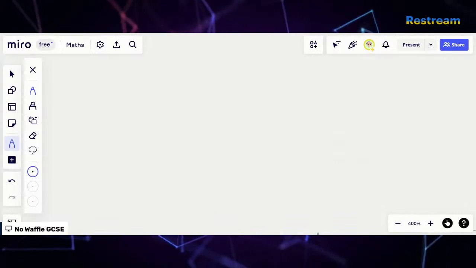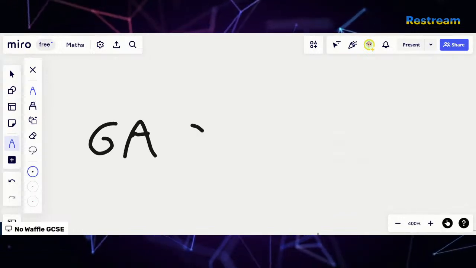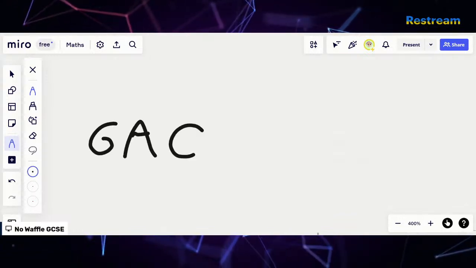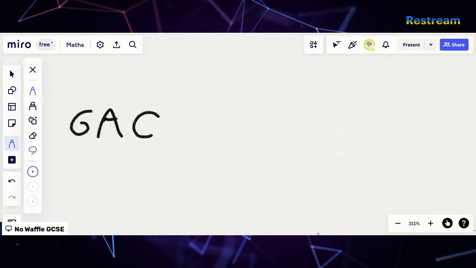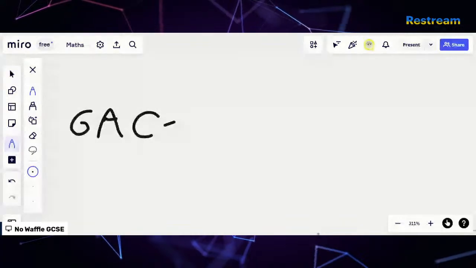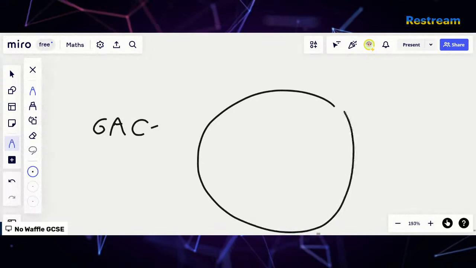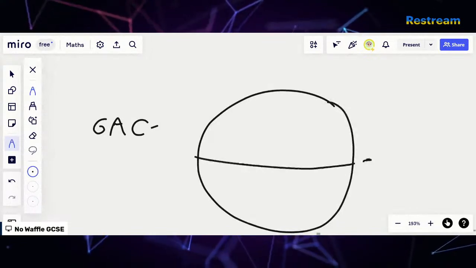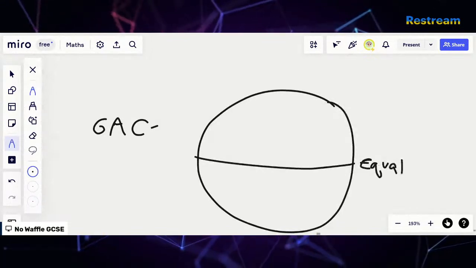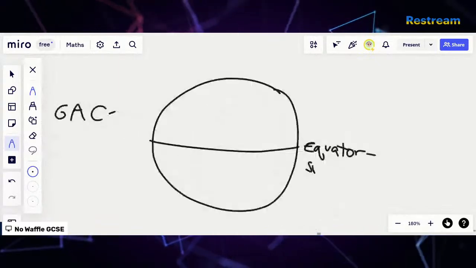So global atmospheric circulation, let's abbreviate it to GAC, is the transfer of heat from the equator to the poles. So imagine here we have the Earth, and this is the center. The center is what we call the equator, and this is where the sun heats the most strongly.